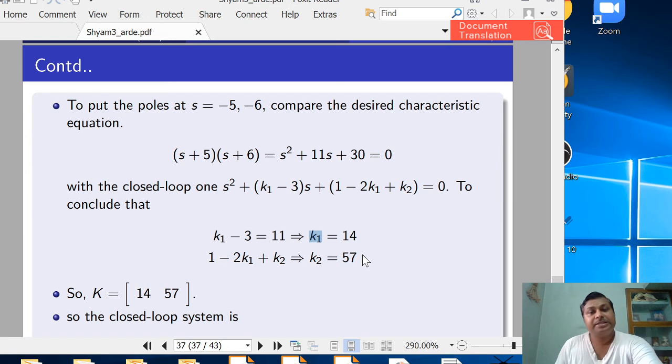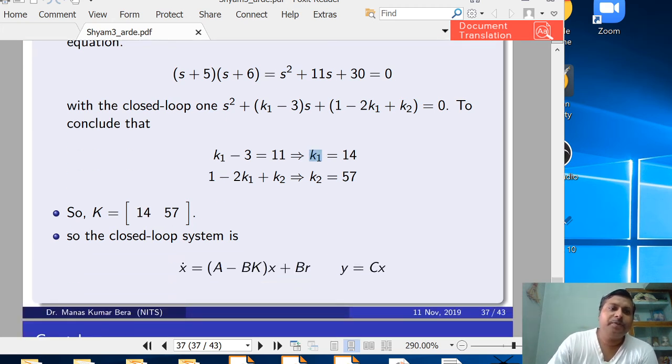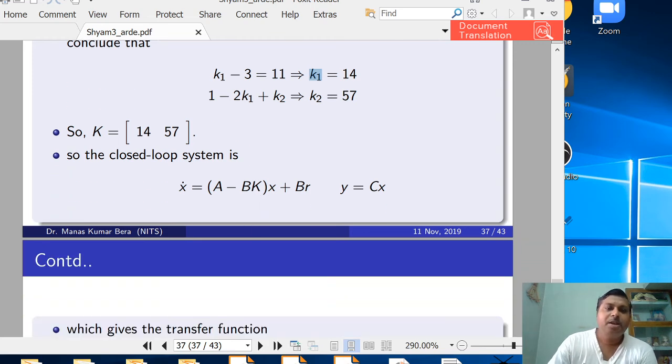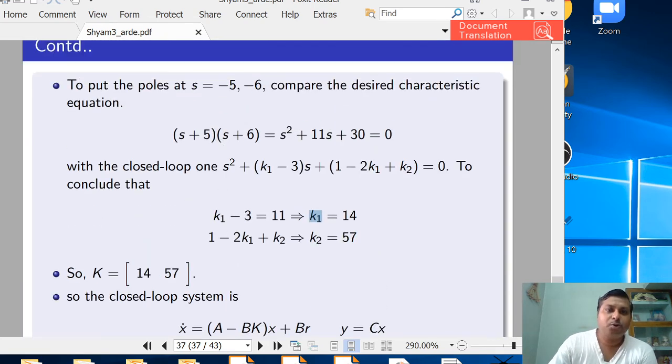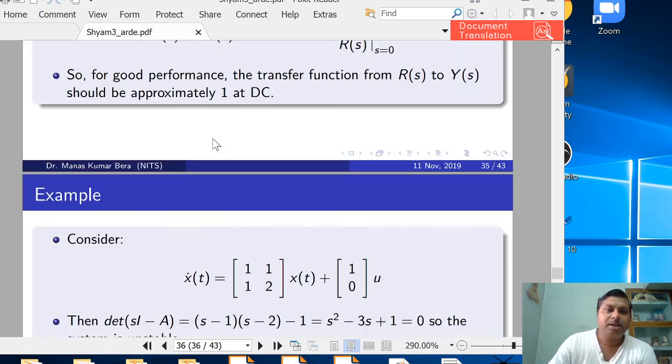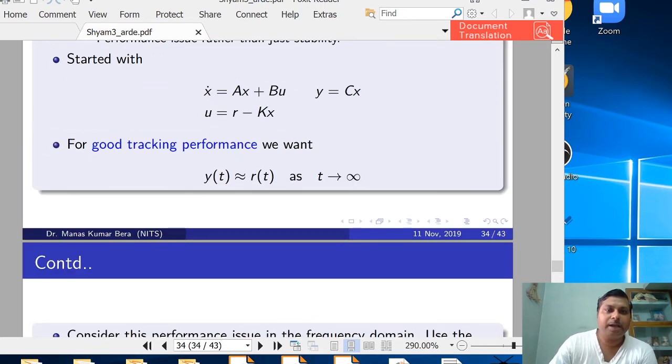Now the question is, is this system able to track a step input? To understand that, we will investigate the closed loop system. After applying this control, our control law is u equal to r minus Kx.